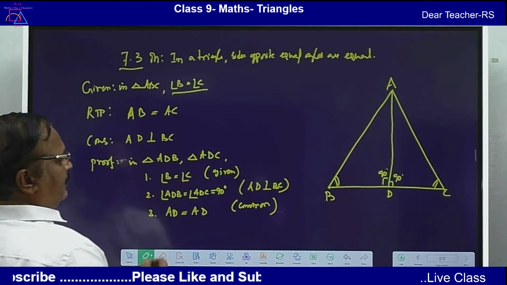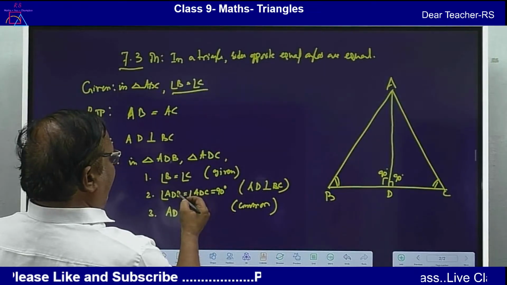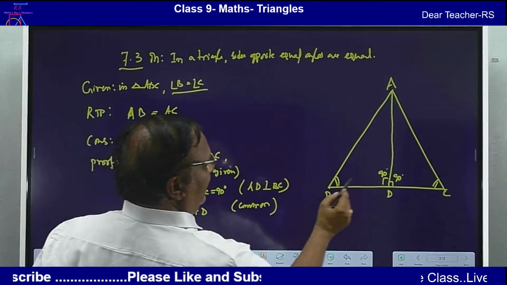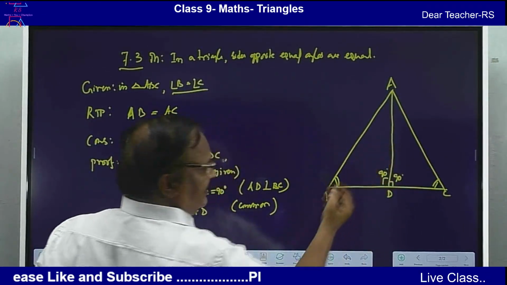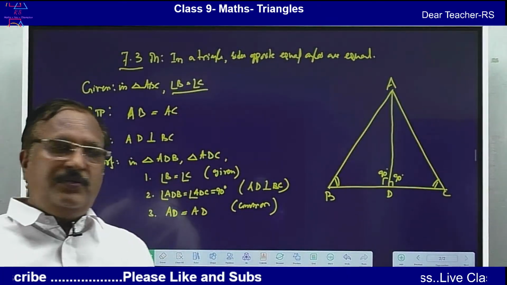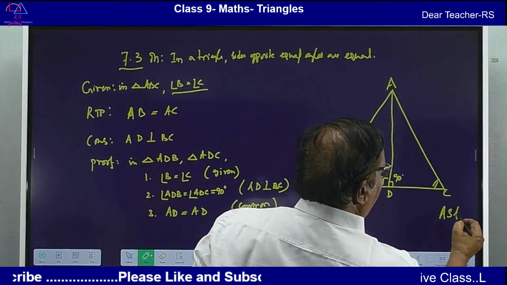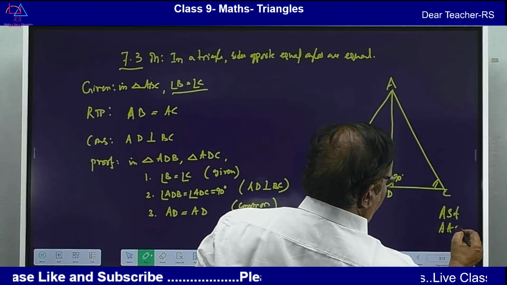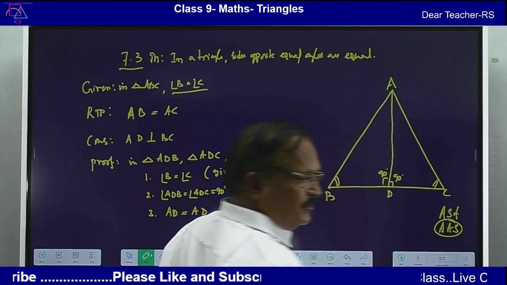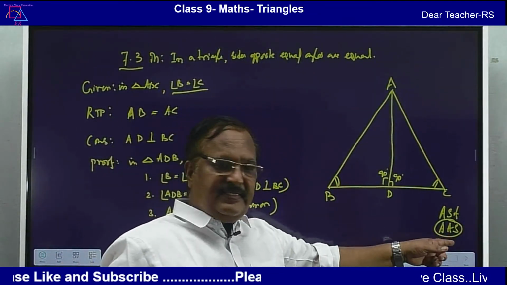So now this is angle, side, angle. So we have ASA and we have AAS also. The corollary of ASA is AAS.